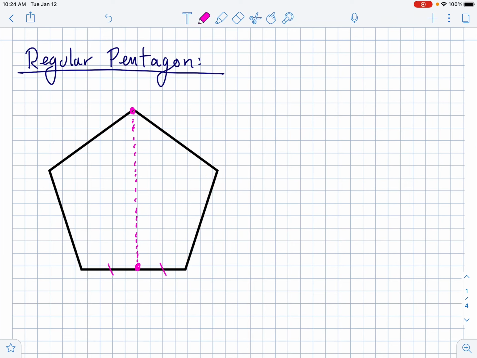So that pink line is a line of reflection. That's one of them, but that's not the only one.